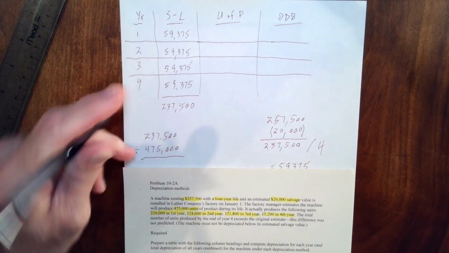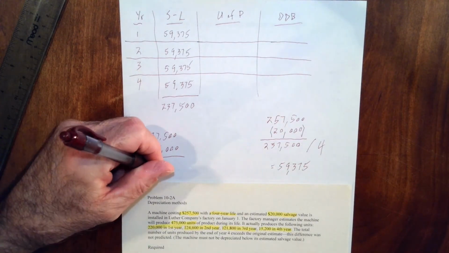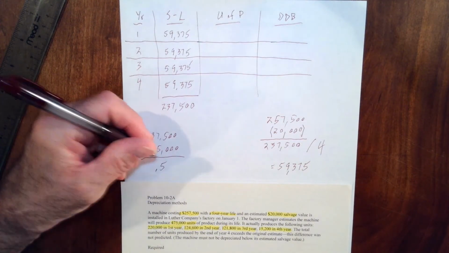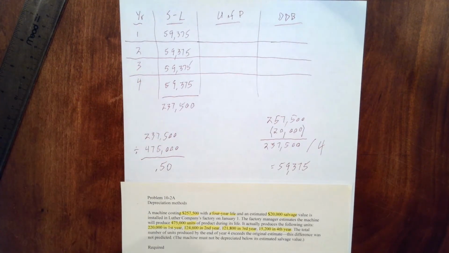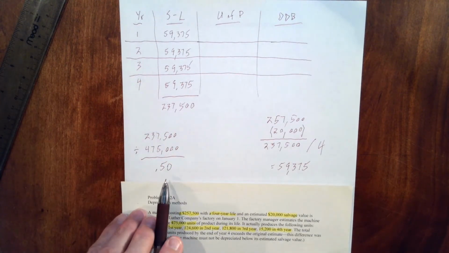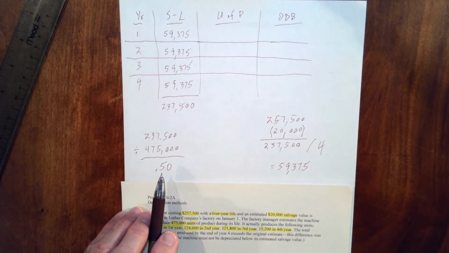divided into this, and it comes out to be 0.5, and I'm going to add a 0 because that'll be a significant number. And what happens is I'm going to depreciate this thing 50 cents per unit produced. So every unit that I produce, I'm going to depreciate 50 cents.